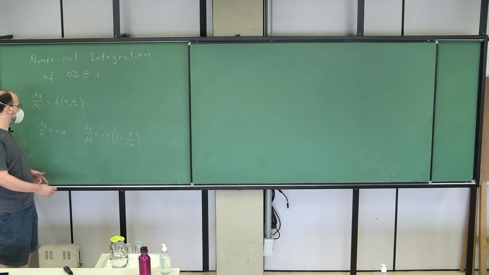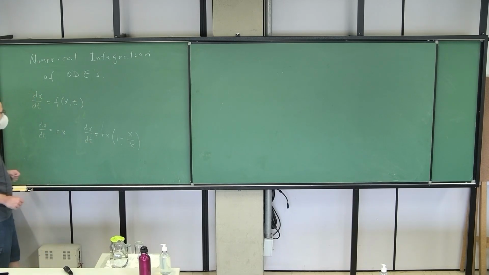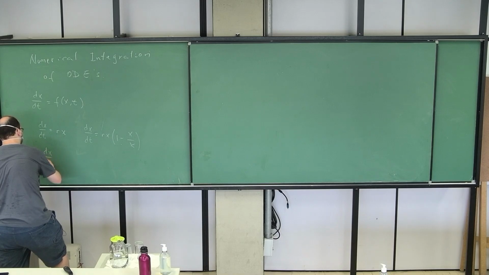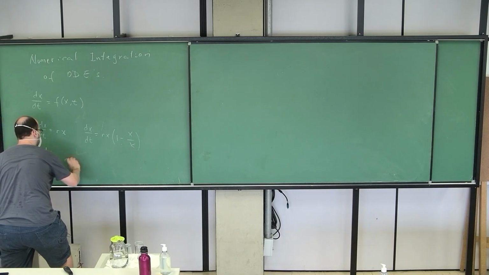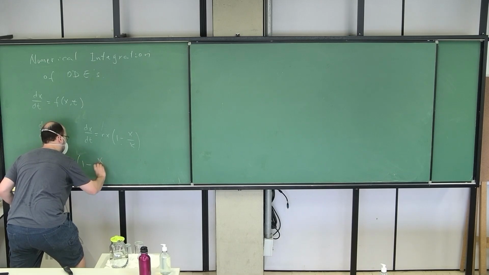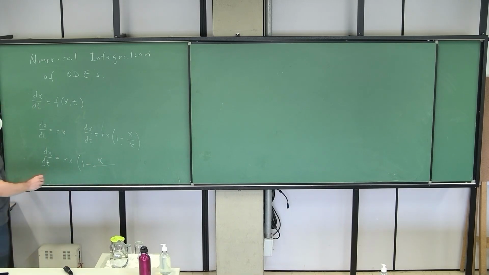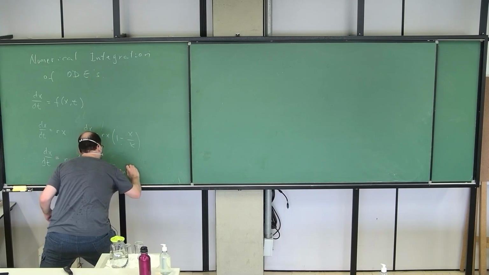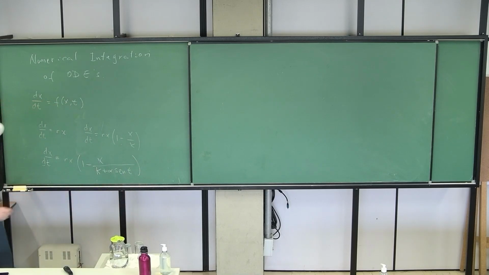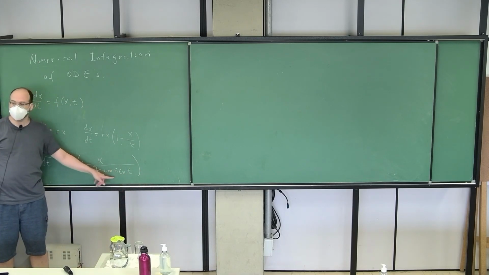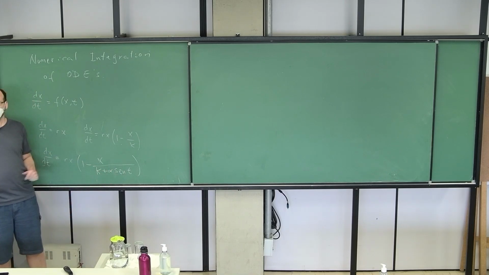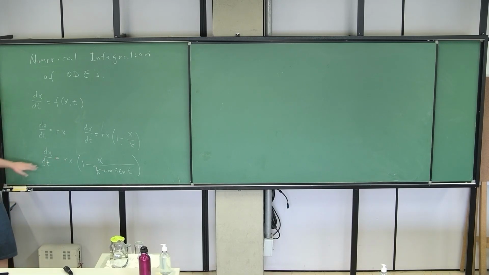If it were the carrying capacity, instead of writing this, where k is a constant, I could write dx/dt = r x (1 - x/(k + alpha sin(t))). So this means that the carrying capacity grows and decreases over time. It has a periodic shape. This would be possible. So this would be a non-autonomous equation, which means that it depends explicitly on time.